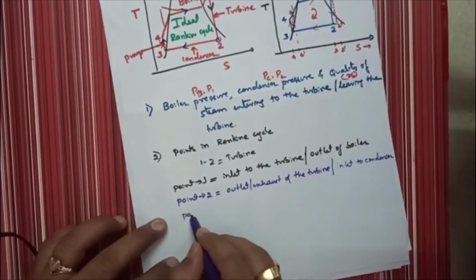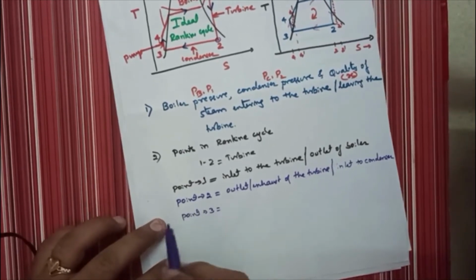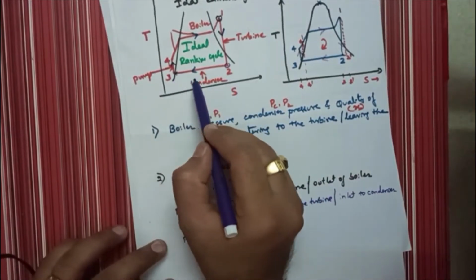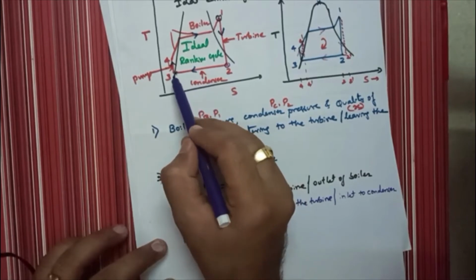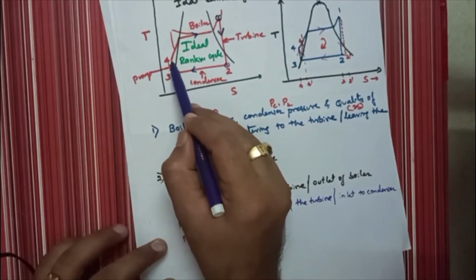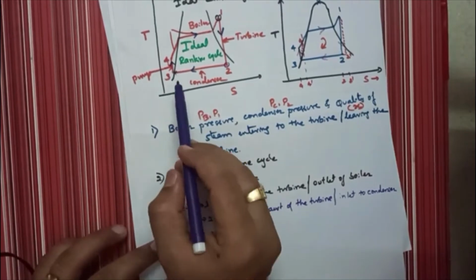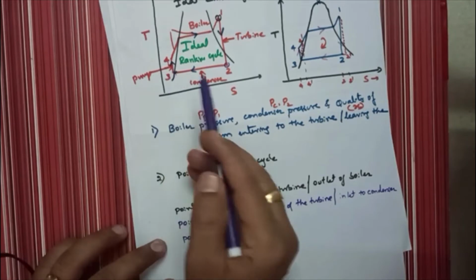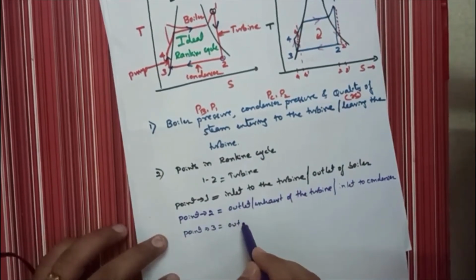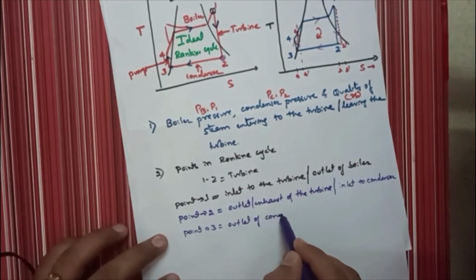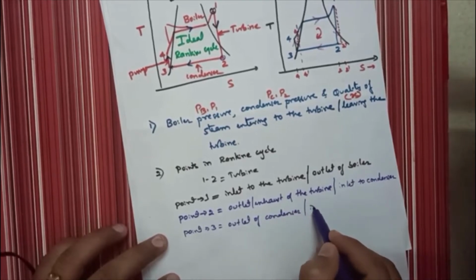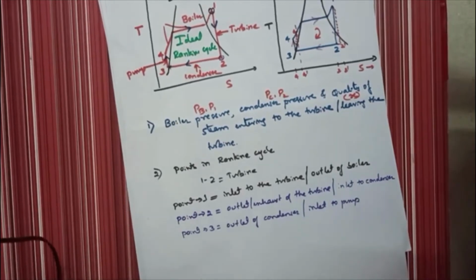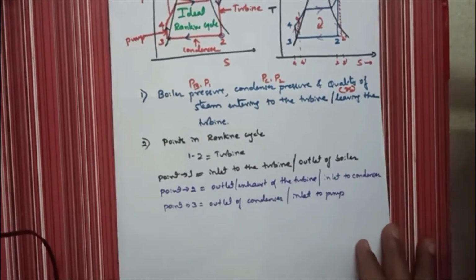Similarly, point 3 is here. 2 to 3 is the condenser, so point 3 is the outlet of the condenser and also the inlet to the pump, since 3 to 4 is pump work. I will write here: outlet of condenser and inlet to pump. Please understand carefully, otherwise it will become difficult to solve numericals on vapor power cycles.